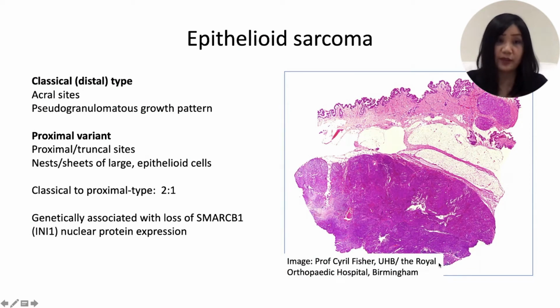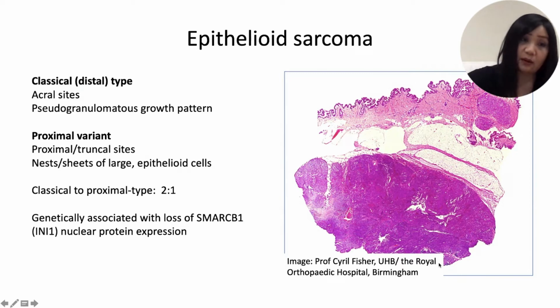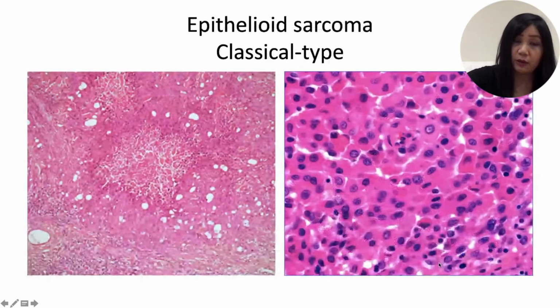Classical type outnumbers proximal type by 2 to 1, and both of these are genetically associated with loss of SMARCB1 activity, manifesting with INI1 or SMARCB1 nuclear protein loss.